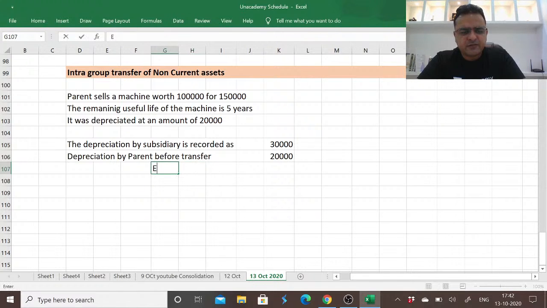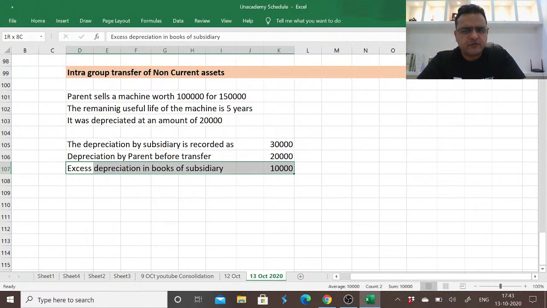So one is excess depreciation in the books of the subsidiary, which we need to remove, that is 10,000. Excess depreciation we need to remove, which is 10,000.